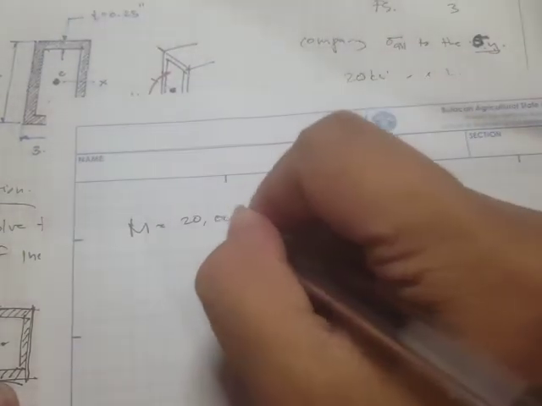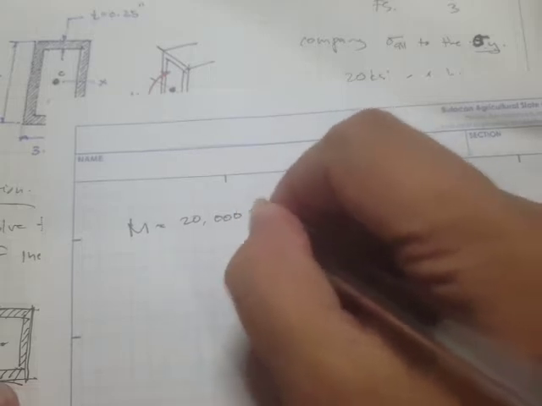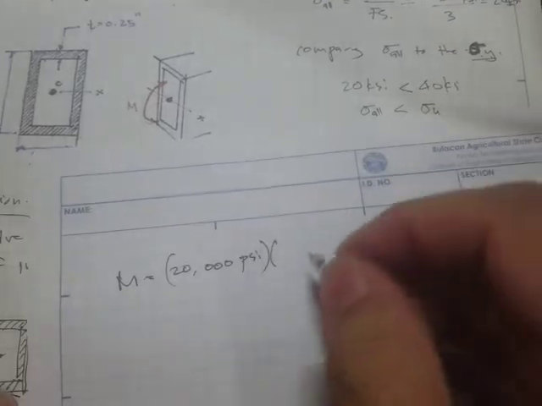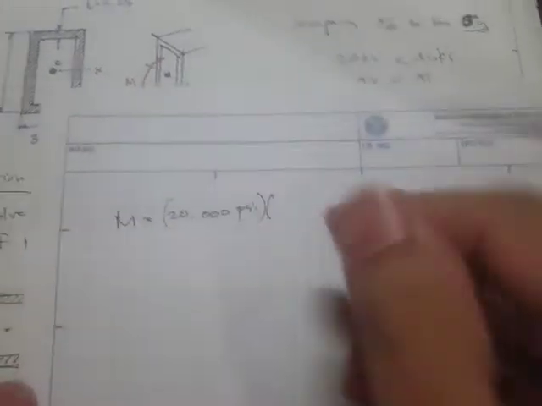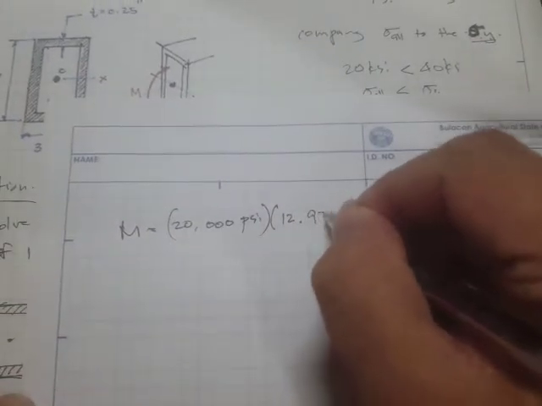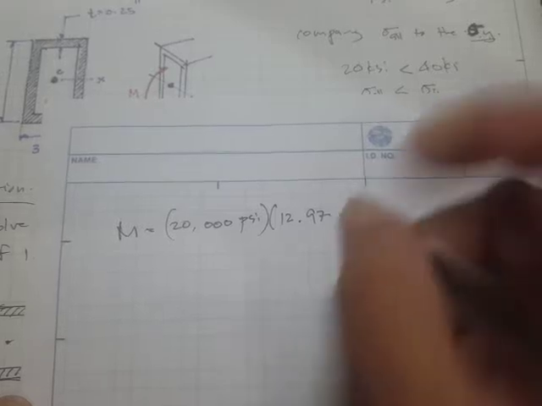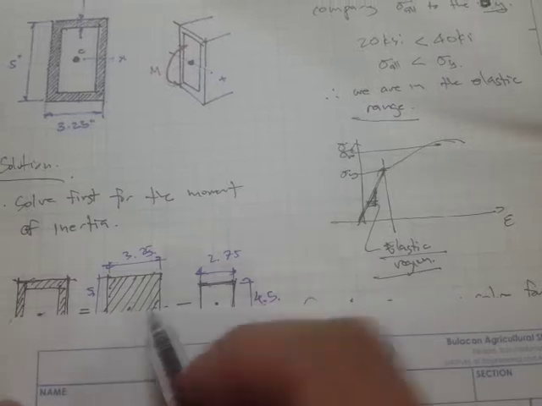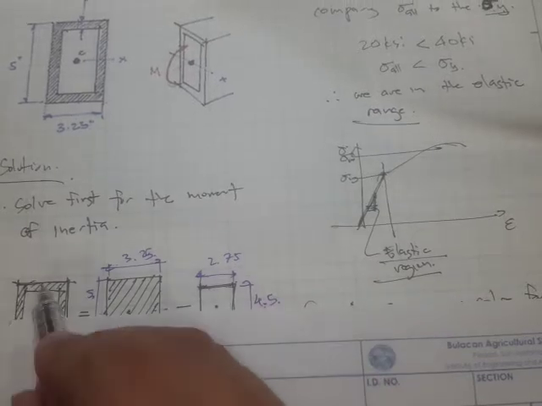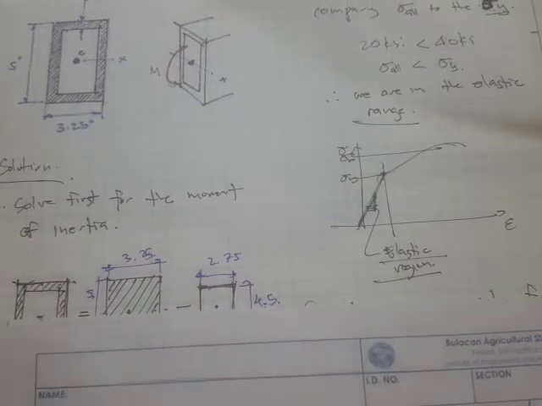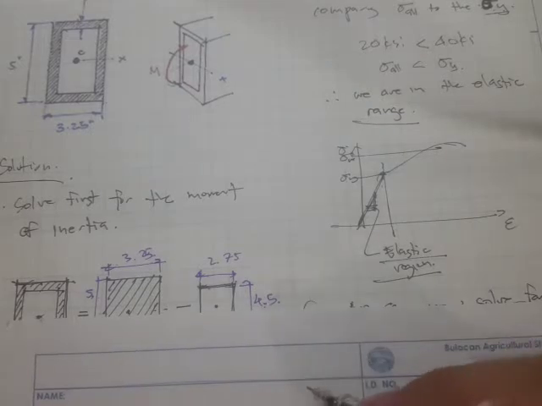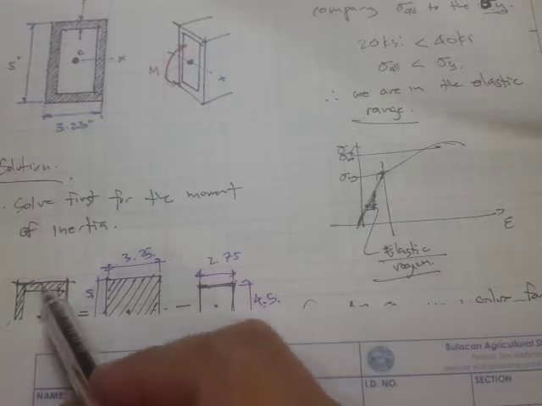This is just 20,000 psi, times the moment of inertia of 12.97 inch to the fourth, divided by the distance from the centroid to the outermost fiber. And by the way, why do we choose the outermost fiber?